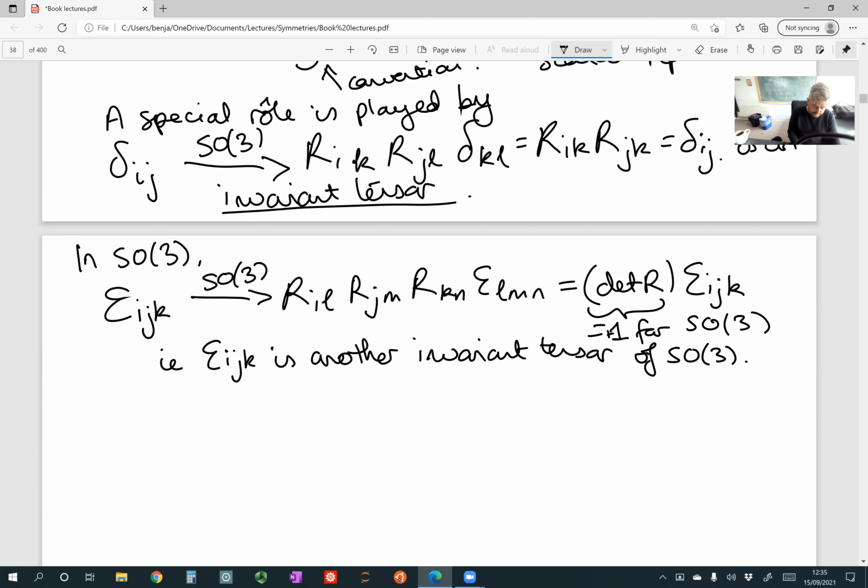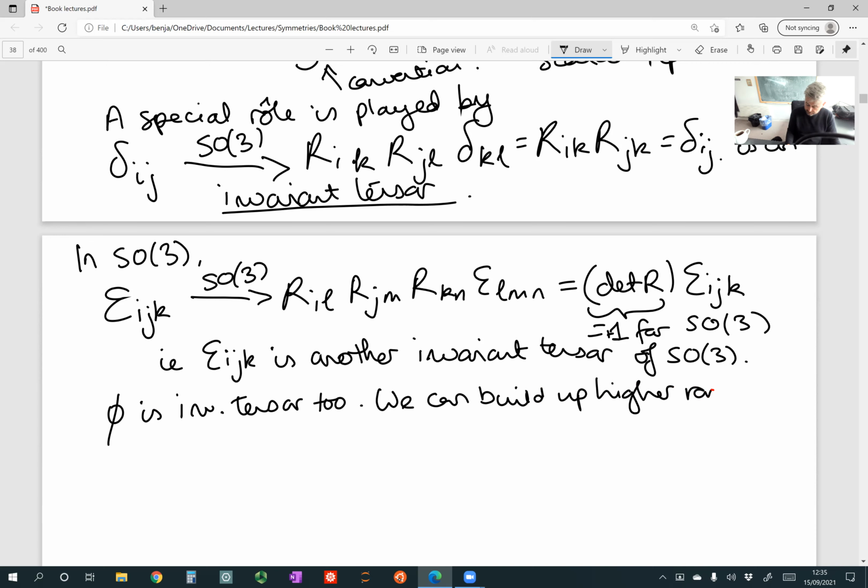We've already seen phi is an invariant tensor too, but we can build up higher rank invariant tensors using delta_ij and epsilon_ijk products and sums.